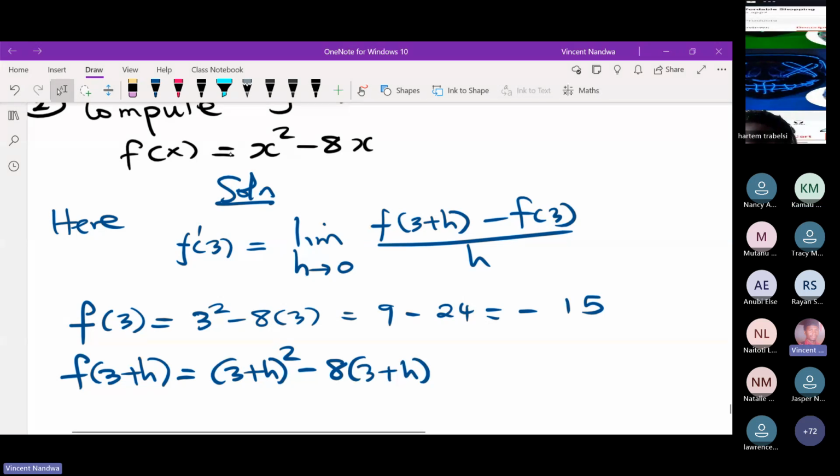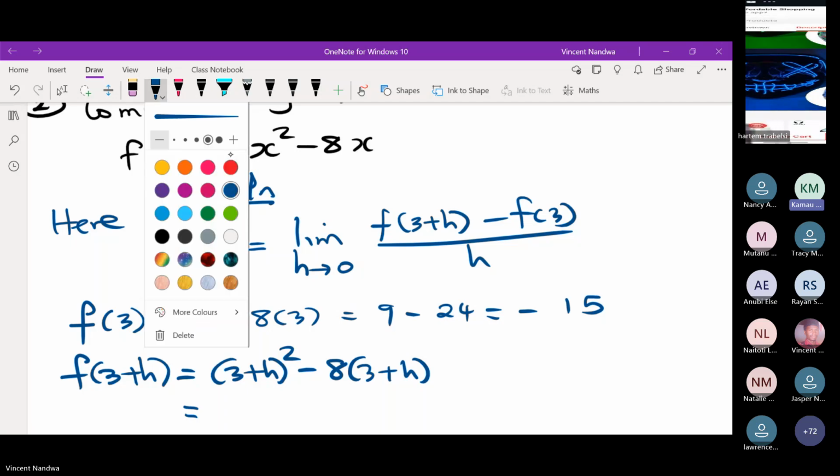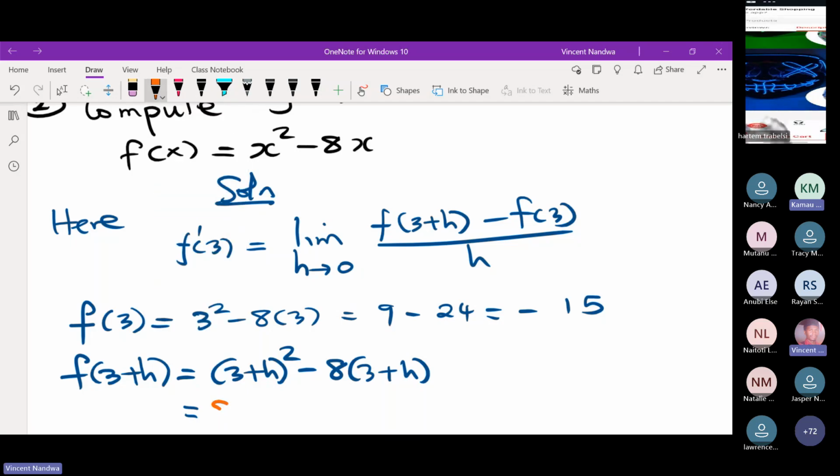So what is the value of 3 plus h squared? 9 plus 6h plus h squared. Then this will be minus 24, then minus 8h.